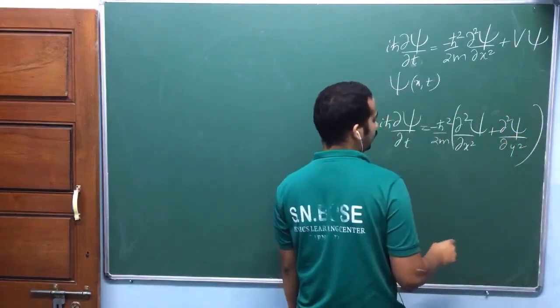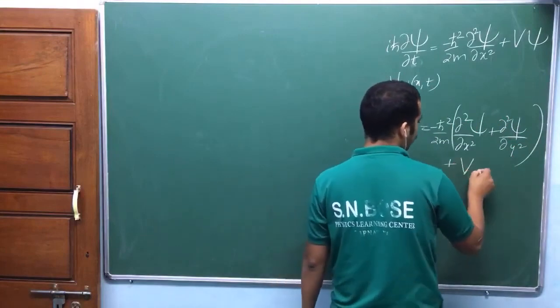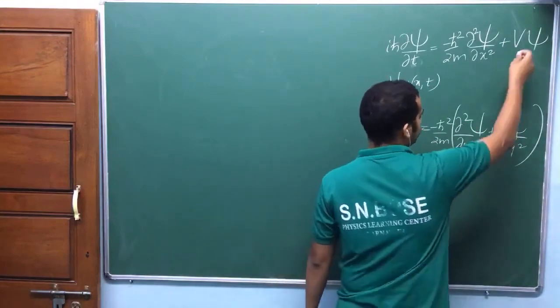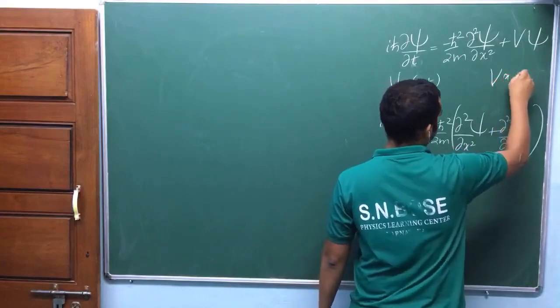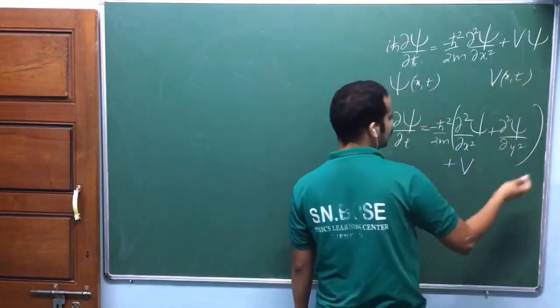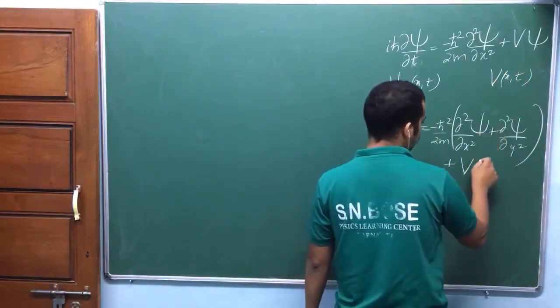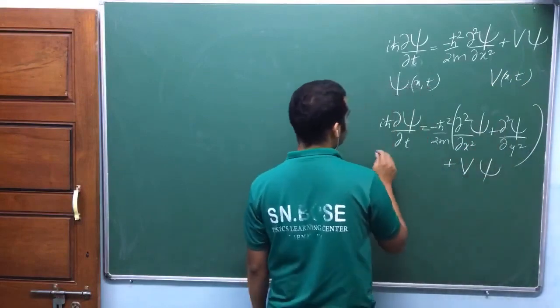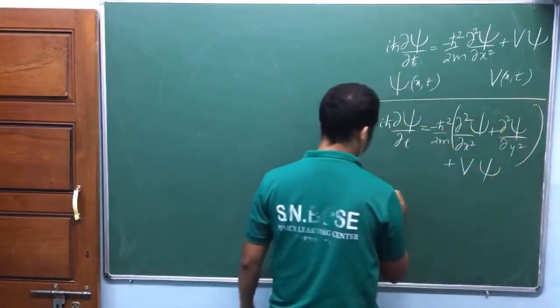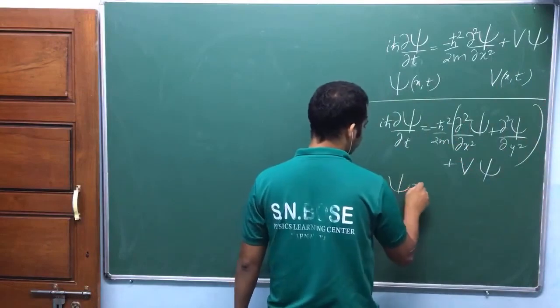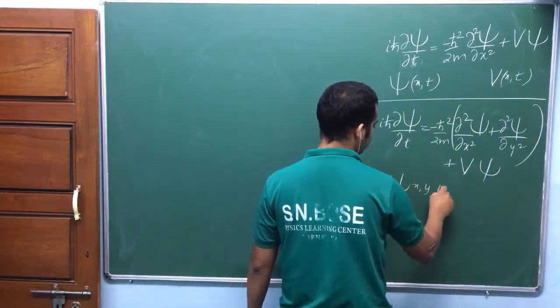This is the kinetic energy part, plus V of x, y, t times psi. In 1D it is V of x, t; here it is V of x, y, t. So this is 1D, this is 2D. In this case, psi is a function of x, y, t.